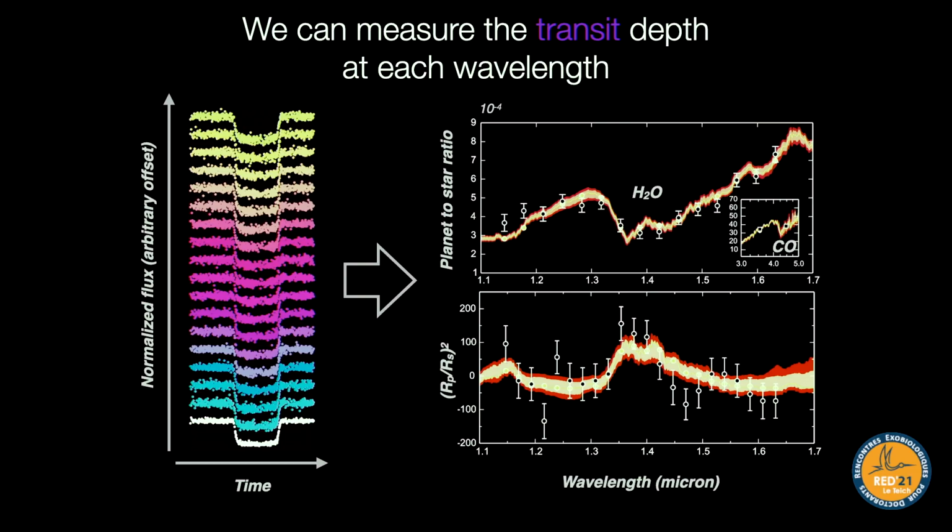Here, if we're in a region where water is very opaque, it means that the apparent size of the planet is bigger. And that's why you see that when there is water, you will have a peak in what we call the opacity, the transmission of the atmosphere. And so that's how you can actually, from the deep and through of these curves, of these transit spectra, infer the presence of different molecules.